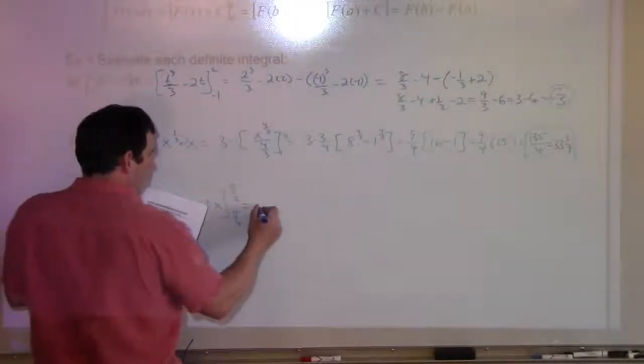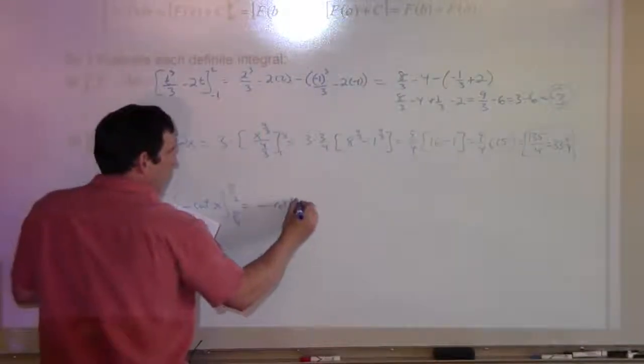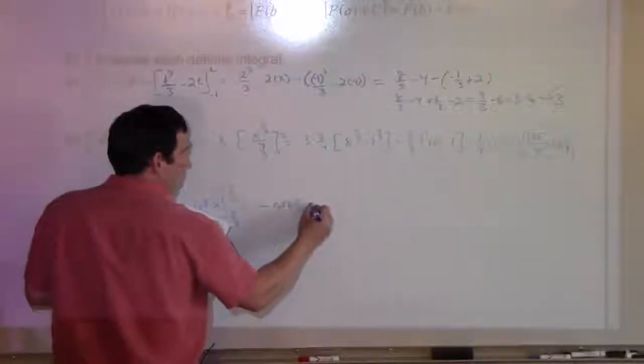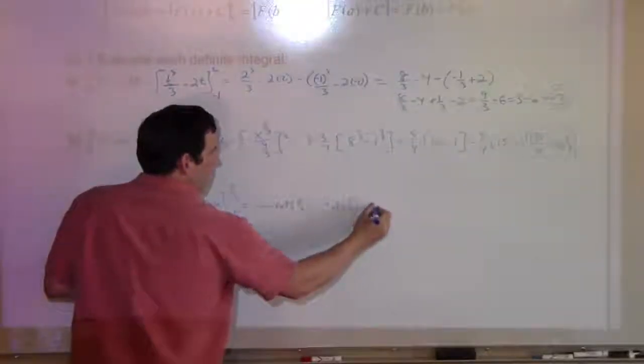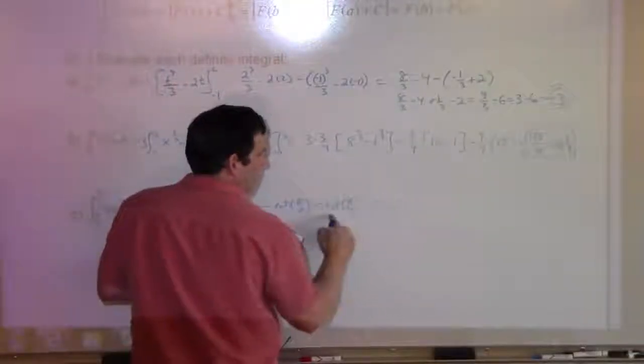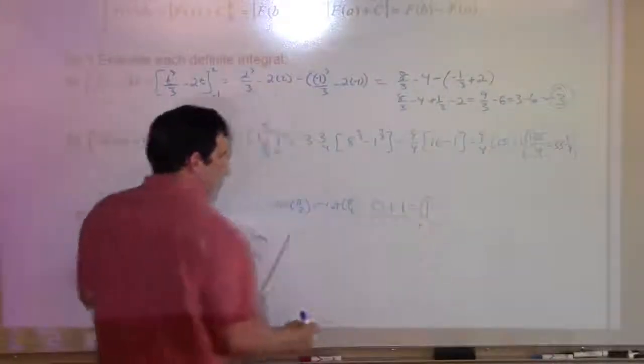That's going to be negative of cotangent of pi over 2 minus negative cotangent of pi over 4. That's going to be 0 plus this cotangent, double negative makes it plus 1, so you get 1.